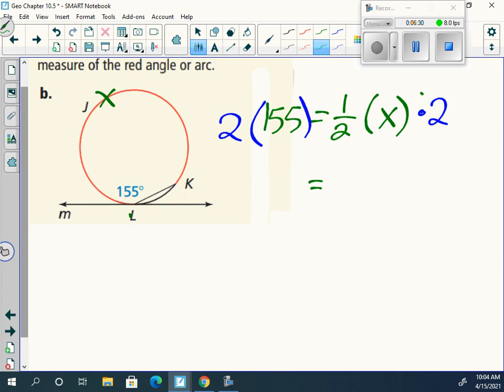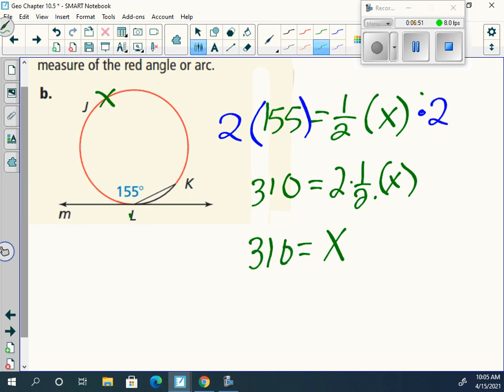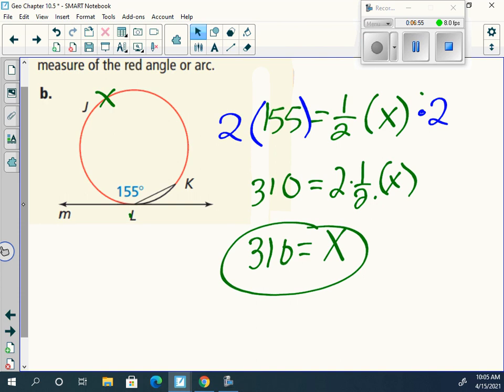Because here we get 2 times 1/2 times x. Well, 2 times 1/2 is 1, so we just have x. Now we can do 2 times 155, and we get 310. So the measure of the arc would be 310.